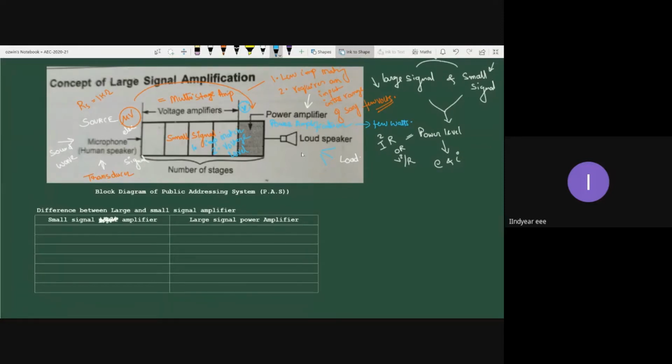So this is the broad understanding of the role of a power amplifier in a communication system. Is this understood?